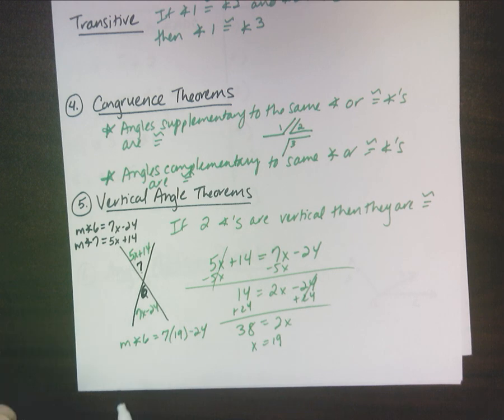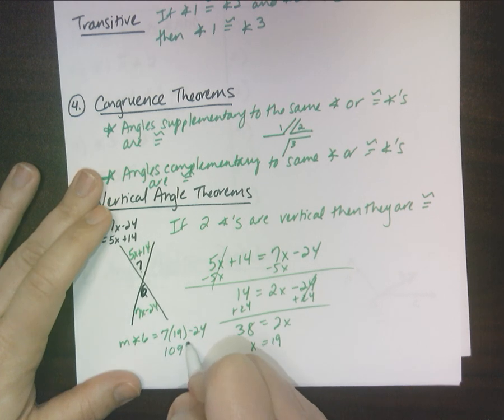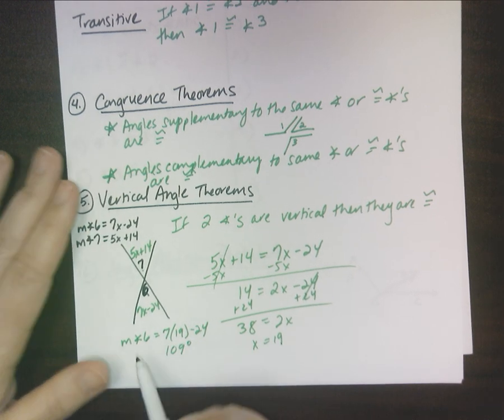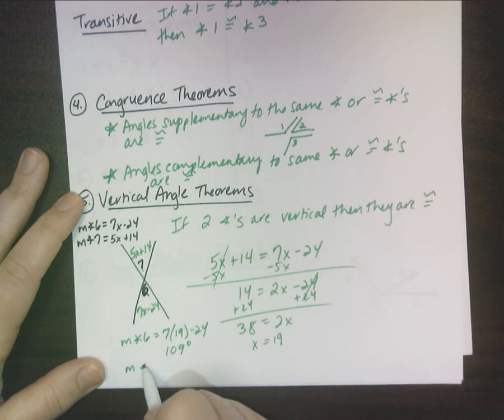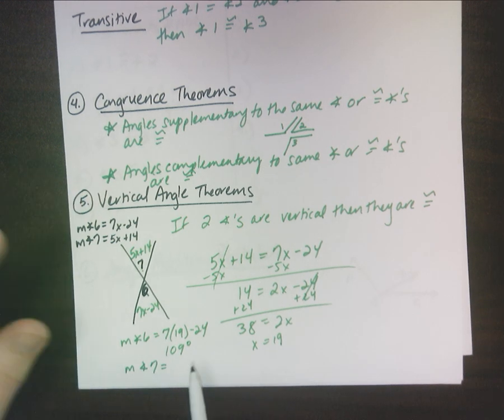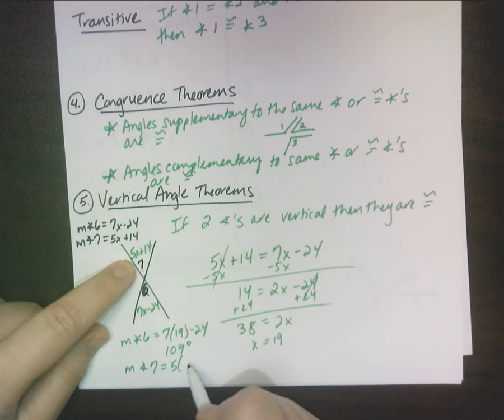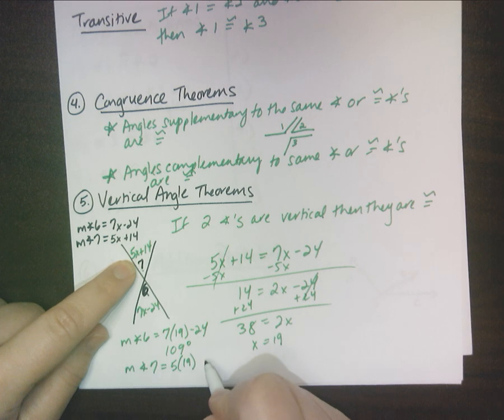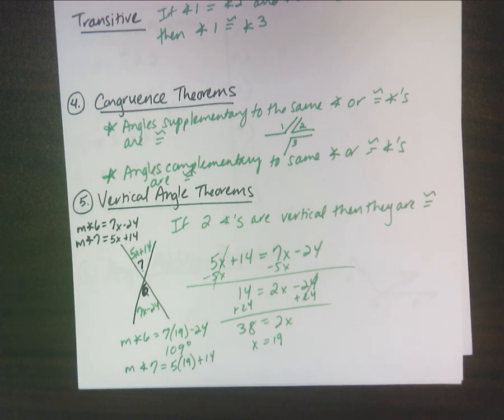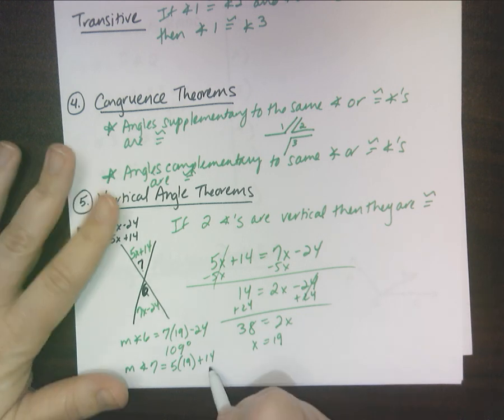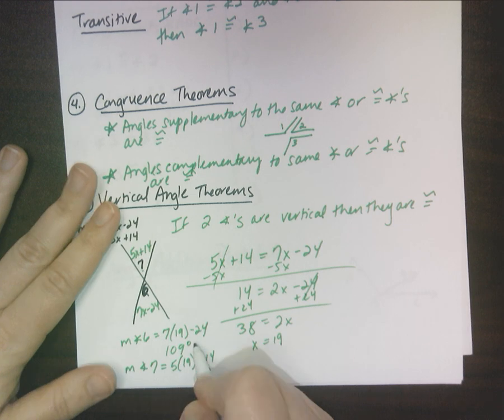Now, it definitely does not look like 109, but never judge an angle by the way it looks. Measure of angle 7, let's just double check that. That would be 5 times 19 plus 14. Let's double check that makes 109, because we know the vertical angles are equal. And it does. 95 plus 14 is 109.